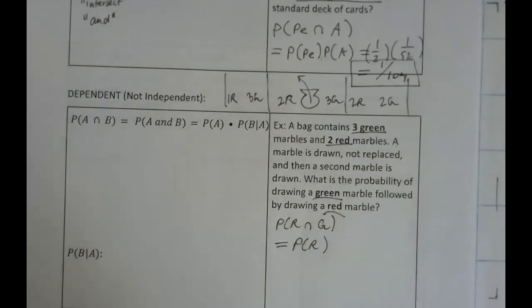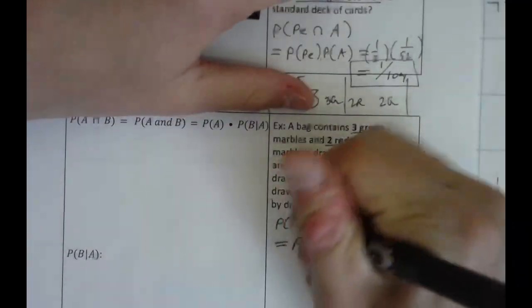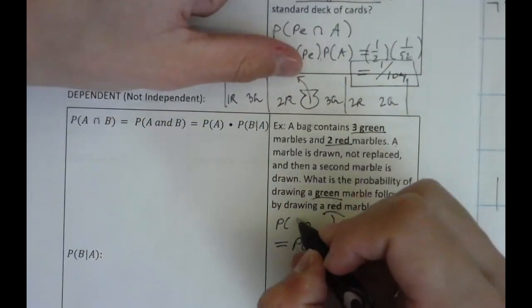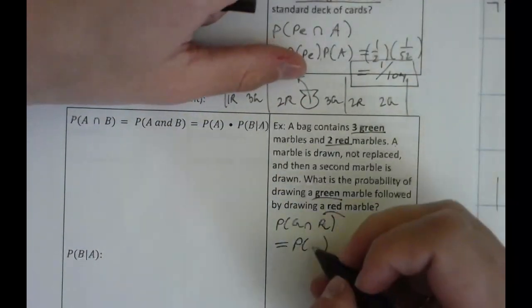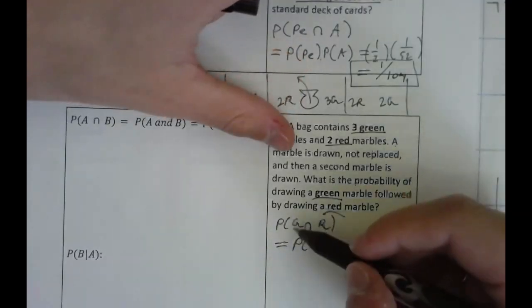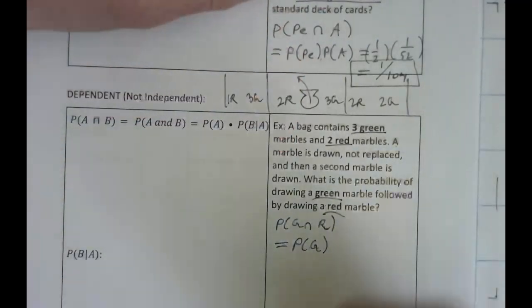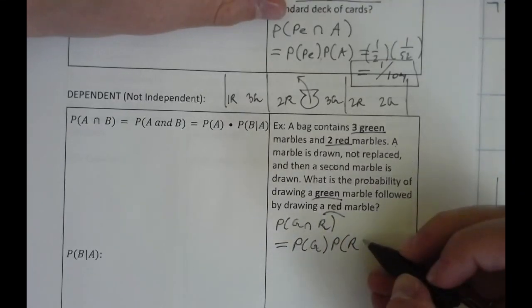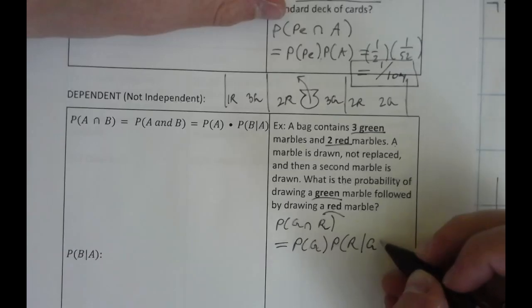Oh, I'm sorry. It's a green followed by a red. Excuse me, guys. It should be G then R. My bad. The probability you pull a green then a red is the same as drawing a green, then drawing a red, provided that you've already drawn a green.